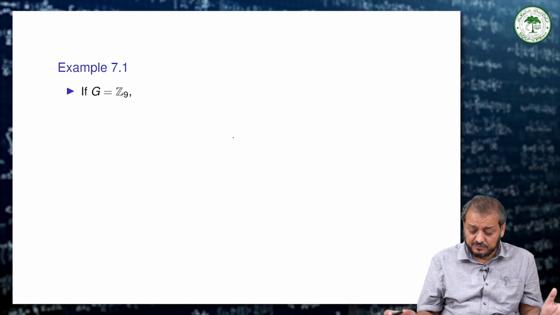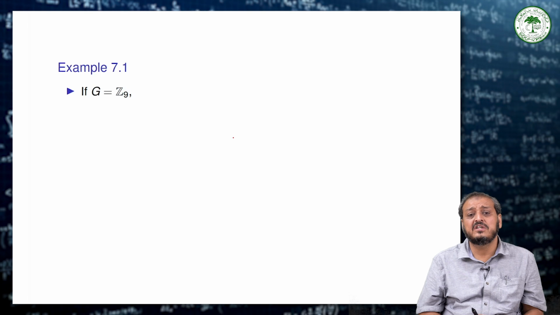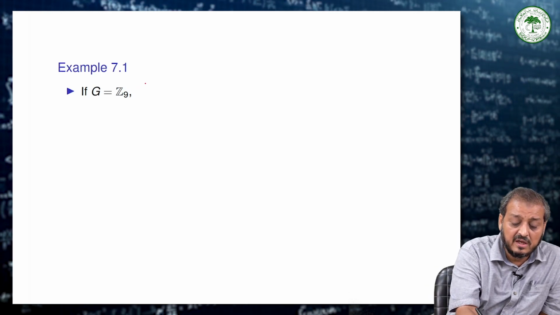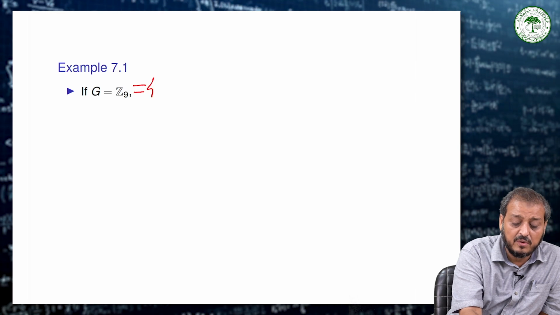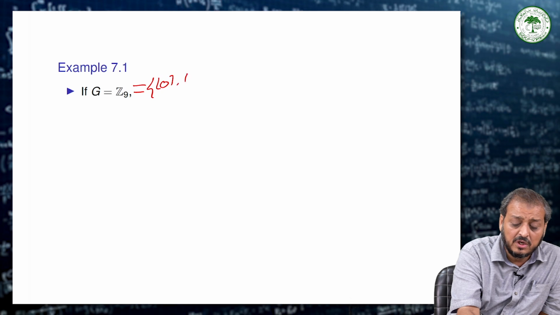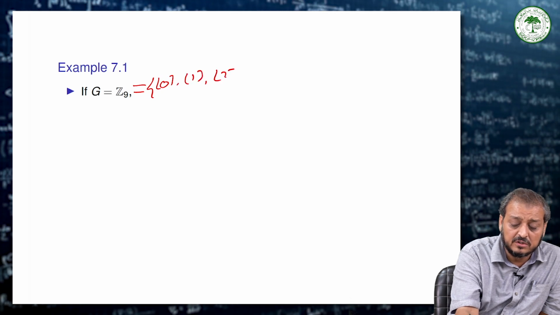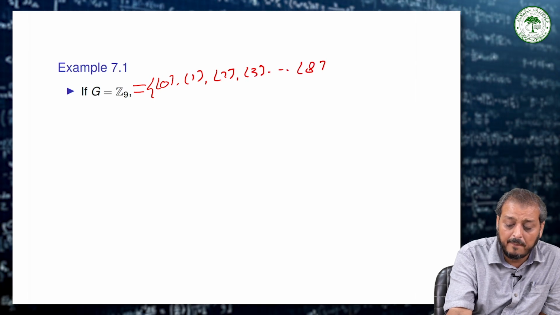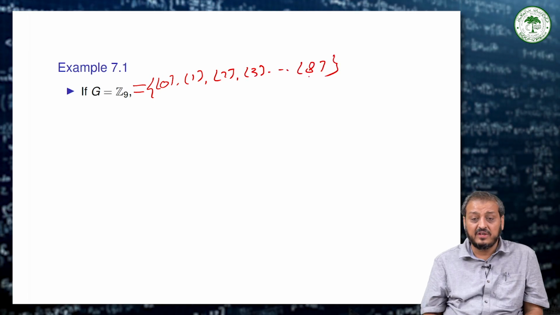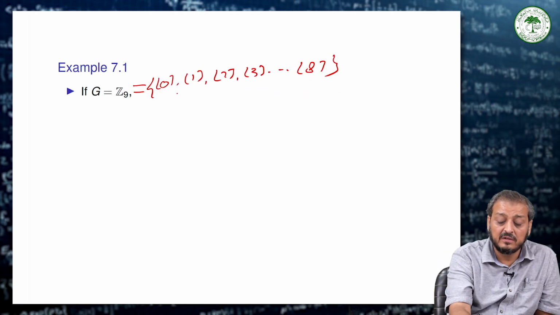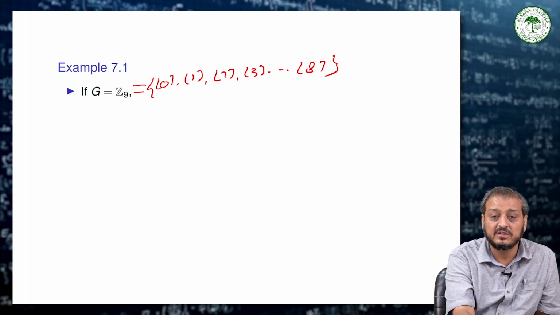Now, for example, if G is equal to Z9, you know that the elements of Z9 are the equivalence class of 0, the equivalence class of 1, the equivalence class of 2, 3, and so on up to the equivalence class of 8. So the total number of elements is 9.